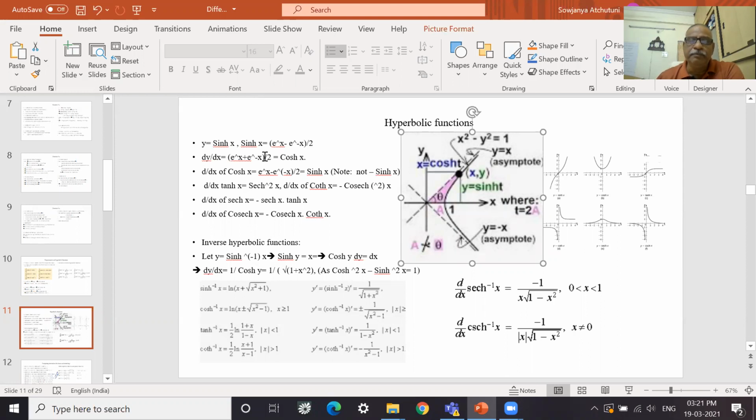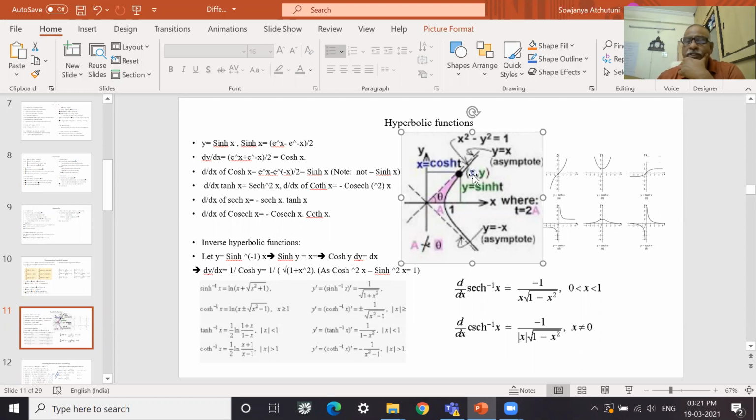If you see here, what is cosh square x? It is e to the power of 2x plus e to the power of minus 2x plus 2, by 4. And this is sinh square x: e to the power of 2x plus e to the power of minus 2x minus 2, by 4. So cosh square x minus sinh square x, these two get cancelled, so 2 by 2, which is 1.